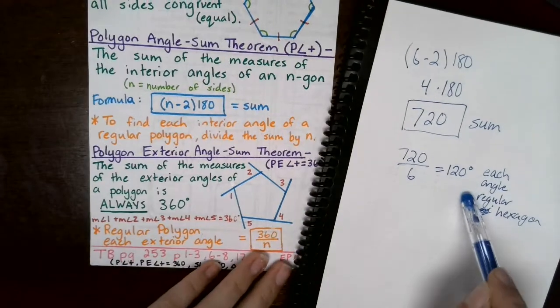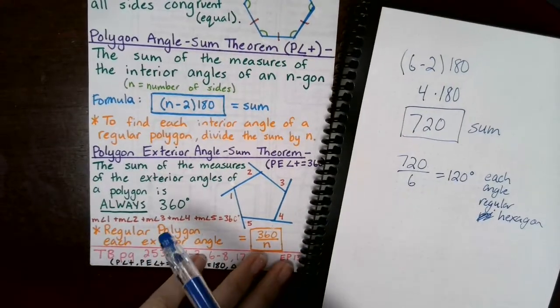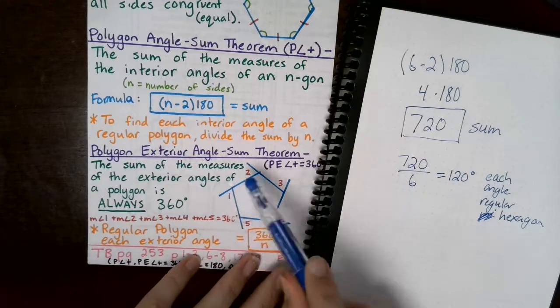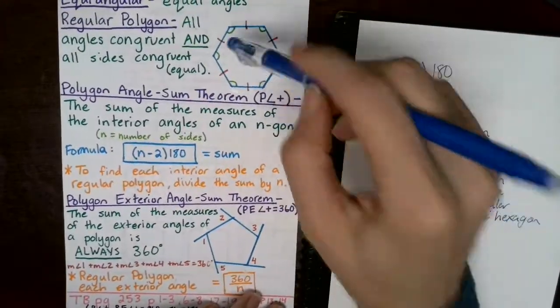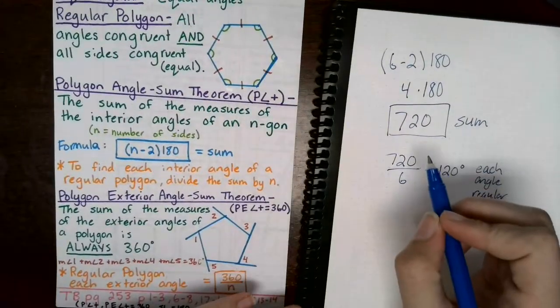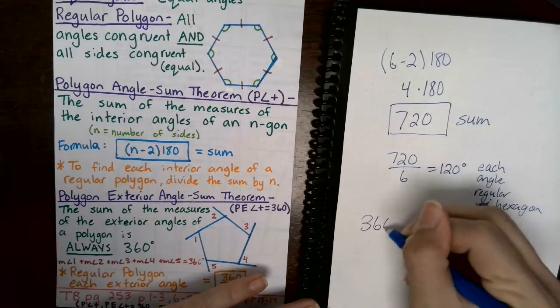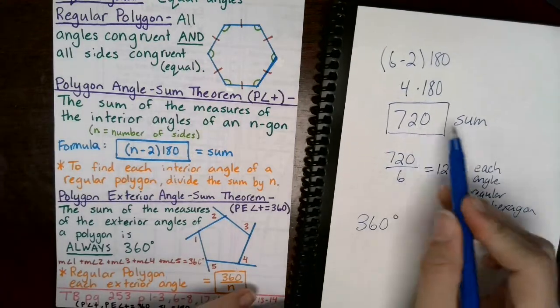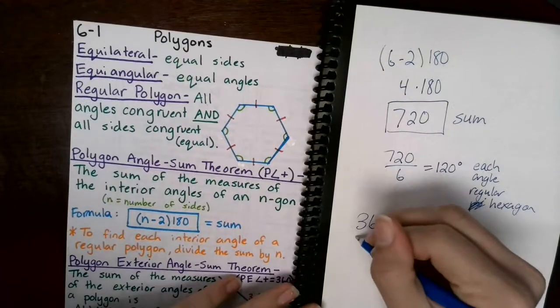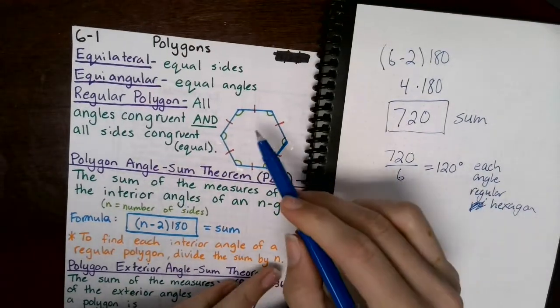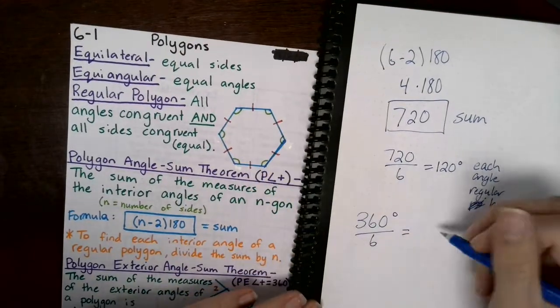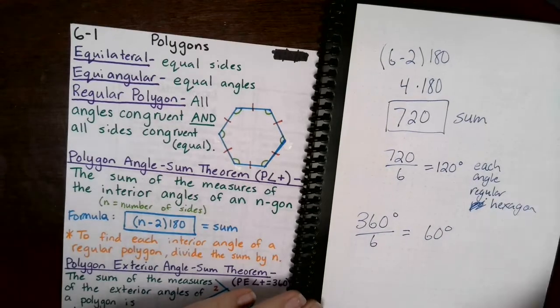Because all the interior angles are equal. So if I wanted to know the measure of each exterior angle of my hexagon up here, I would take 360, because it's always going to be 360. The 720 doesn't even matter. 360 divided by the number of sides, there are 6 sides, okay? So then I get each exterior angle is 60 degrees.